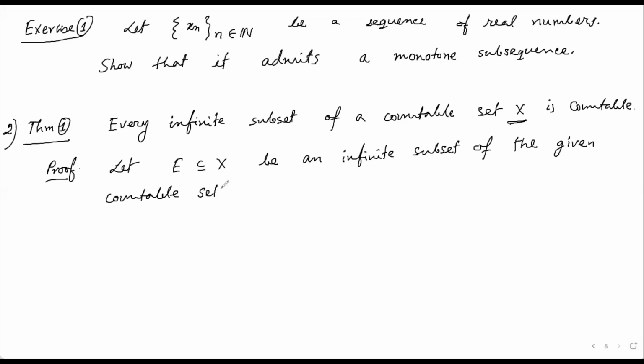So what to show? To show E is countable. The proof is constructive. So basically, to prove that E is countable, we have to give a bijective function from the set of all natural numbers to E.